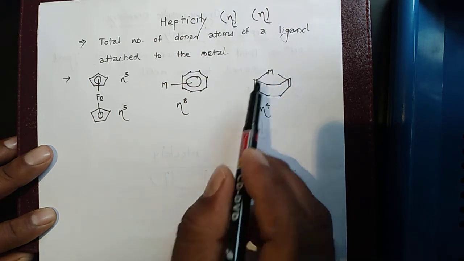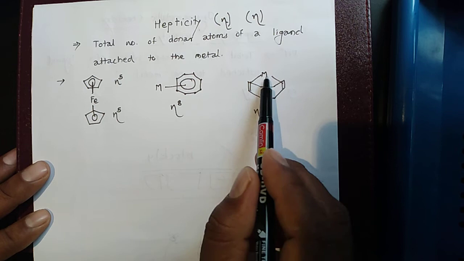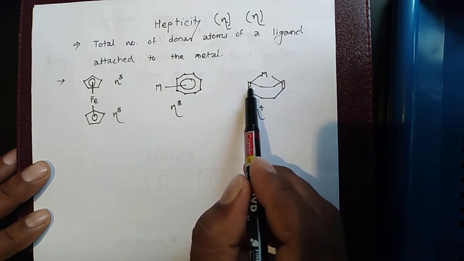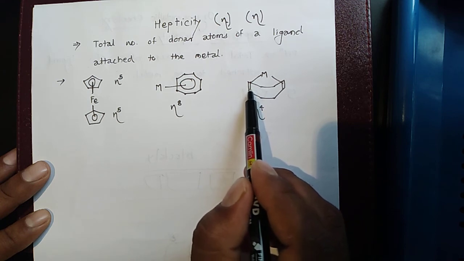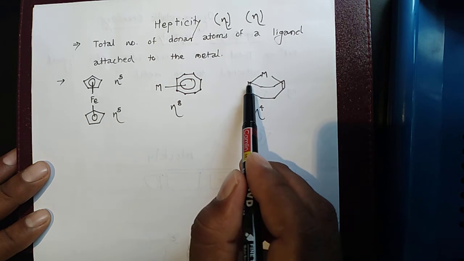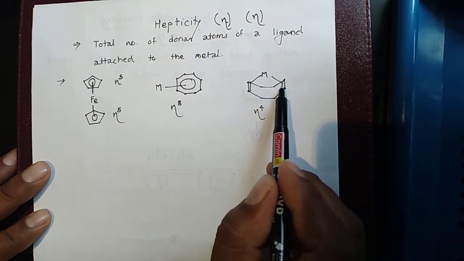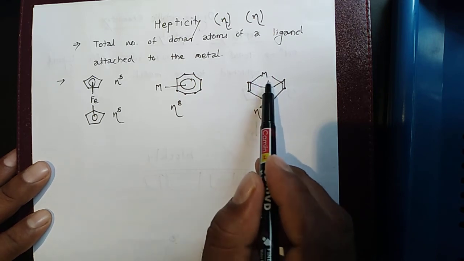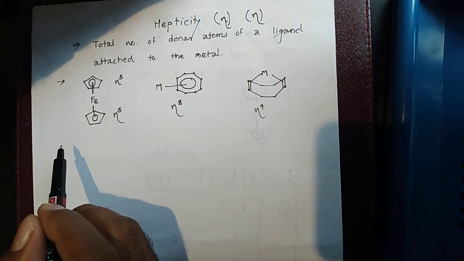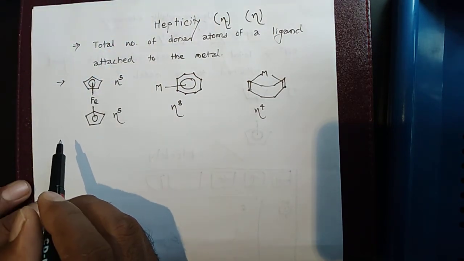In these three examples, you can see such a ligand is attached to the metal at 2 points, and this one point is with this pi bond, directly linked to the pi bond. It means 1 carbon, 2 carbon, 3 carbon and 4 carbon. So the hapticity of this ligand is 4.